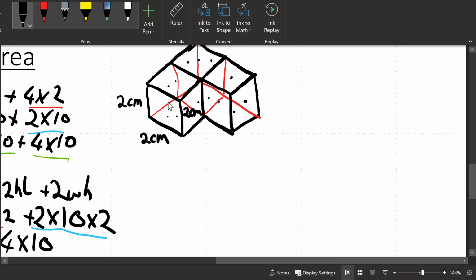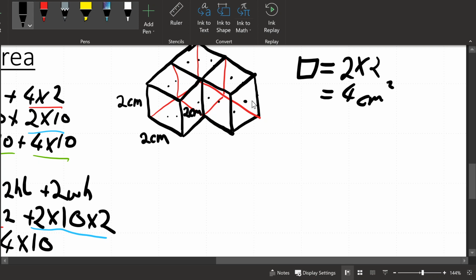So if they were to go, okay, what's the surface area of this? We can say, okay, every square here is 2 by 2, right? So every square has an area of 2 times 2, so it has this area of 4 centimeters squared. And we have got 1, 2, 3, 4, 5, 6, 7, 8, 9, 10, 11, 12, 13, 14 faces.